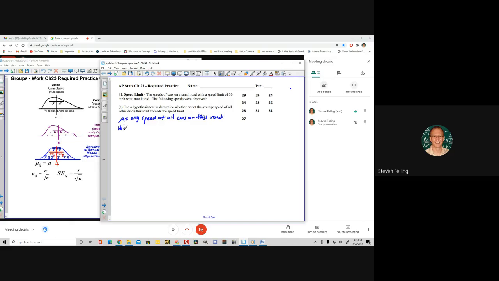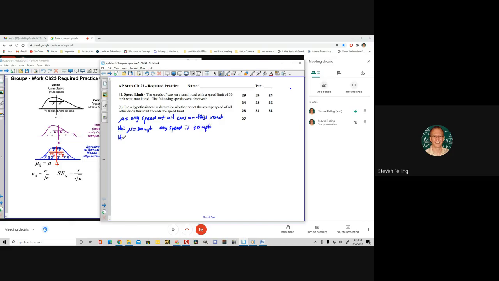And that means our null hypothesis would be that that mean is equal to the okay, nothing to see here value, which would be the speed limit that's given, 30 miles per hour. And we could write that out in words too, right? The average speed is 30 miles per hour, okay?